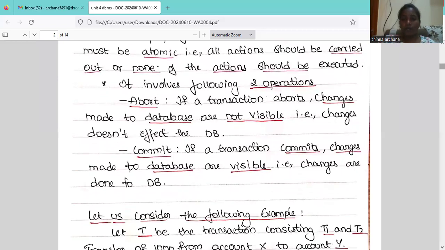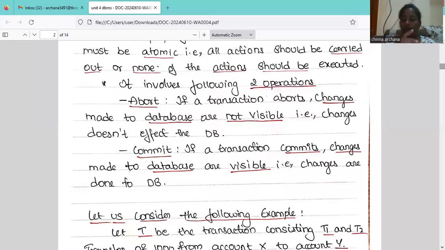So the commit operation is nothing but the transaction has started, successfully completed, and come to the end. The changes made by this transaction to the database are permanently changed in the database. I repeat, the meaning of commit in a transaction indicates we have executed the transaction successfully, and the changes due to this transaction are completely modified in the database too.